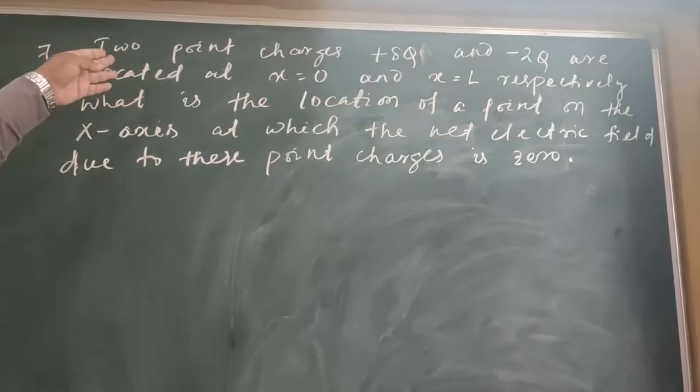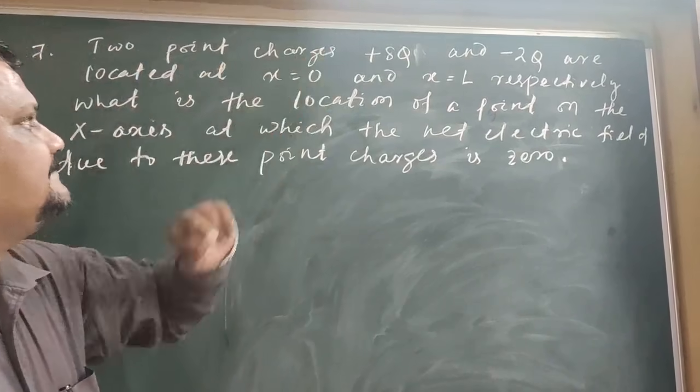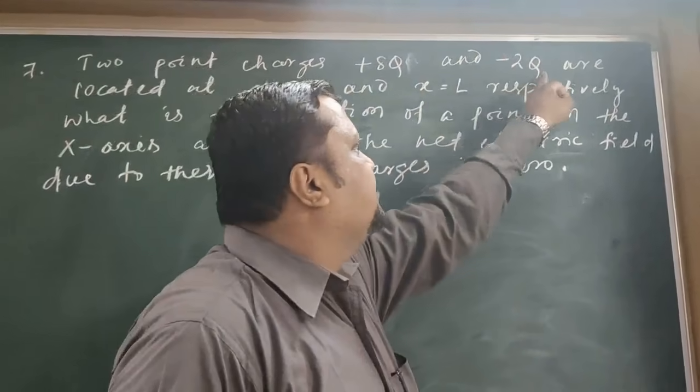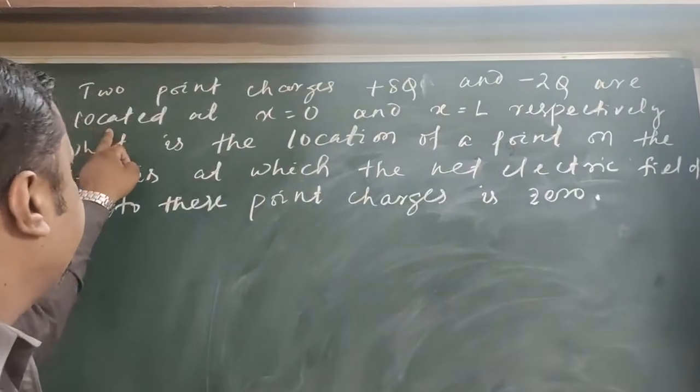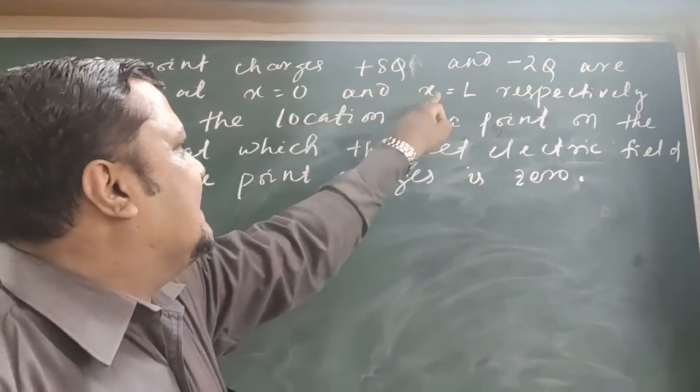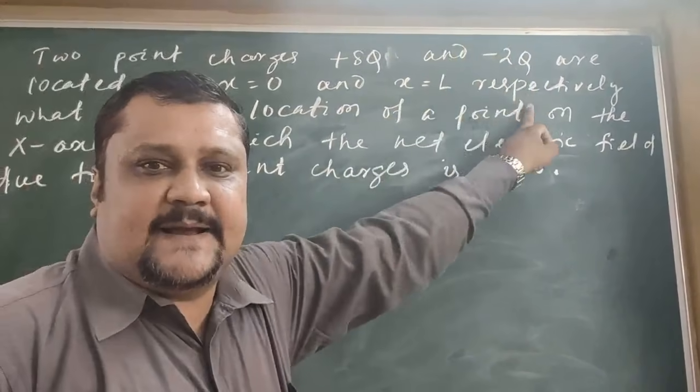Next question comes here. Two point charges plus 8Q and minus 2Q are located at x equal to 0 and x equal to L respectively.